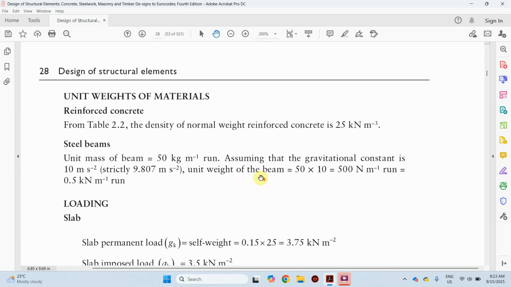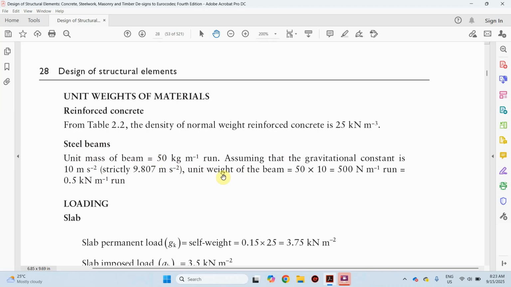The first thing is that, since we know that the normal density of reinforced concrete is 25 kilonewton per meter cube, and for the steel you are given that the unit mass is 50 kg per meter run, and we all know acceleration due to gravity, we use g to be 10 meters per second square.